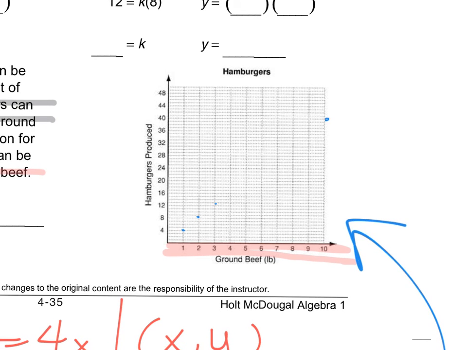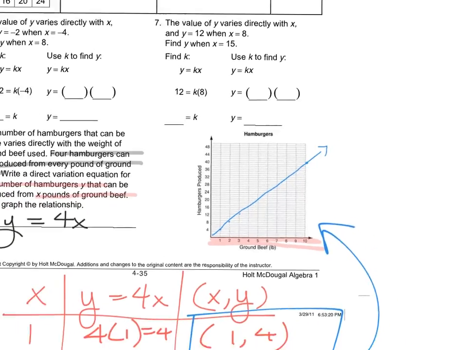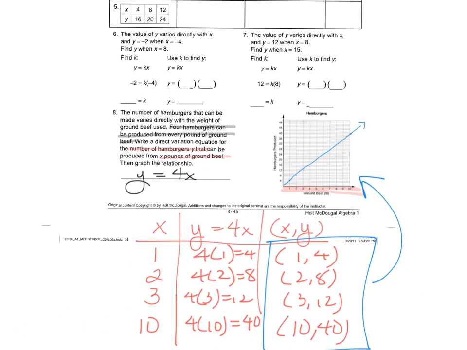So you can come over here, connect your dots, and make your line. And that's how you would do the word problem. Any questions on this homework?